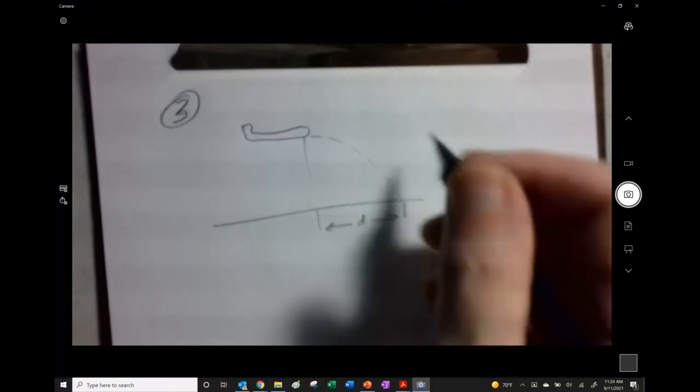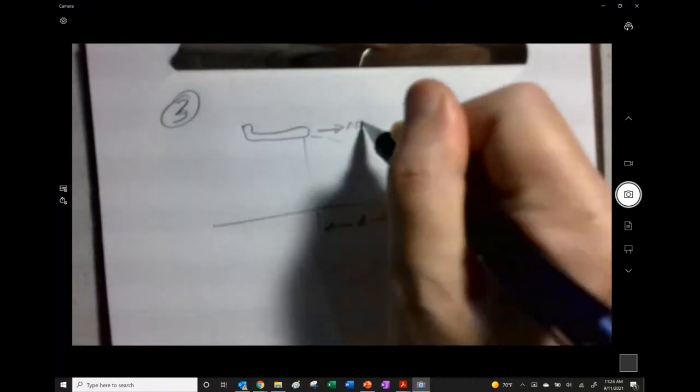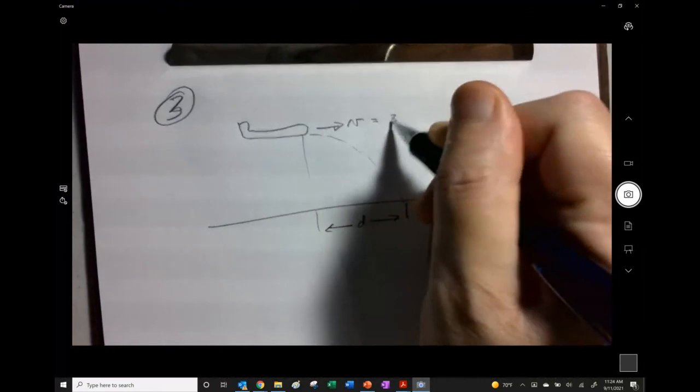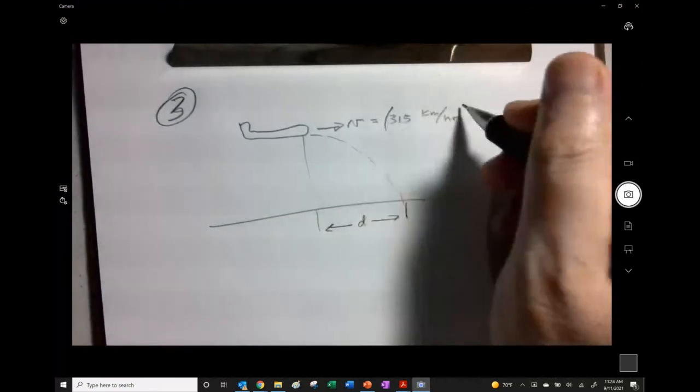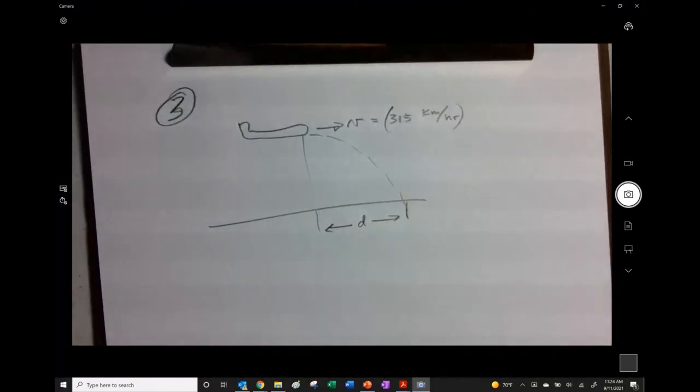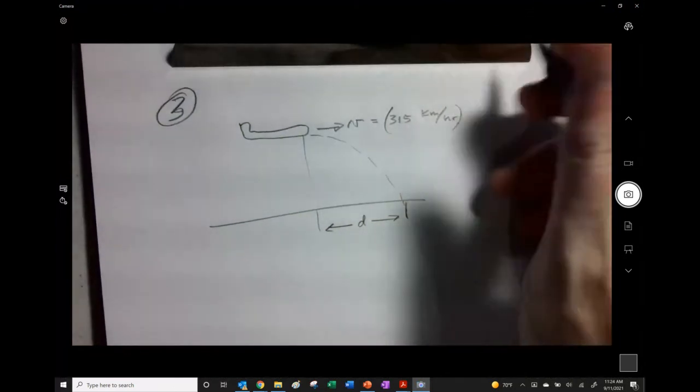So this thing's moving with this velocity that we know, which is 315 kilometers per hour. We'd like to turn that into meters per second, which would be a better thing for us.